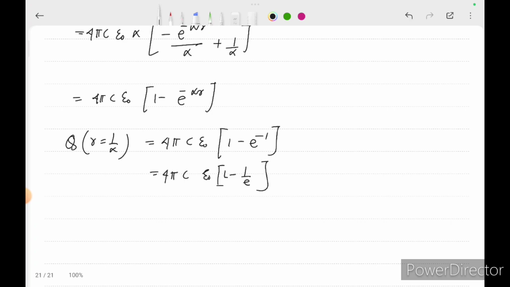I can give you one homework question also, that is question number 4. So I suggest please solve the homework part and send the solutions to my WhatsApp number, which I already mentioned in each and every video.